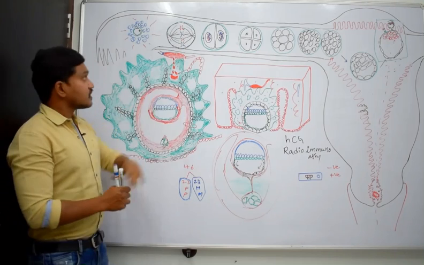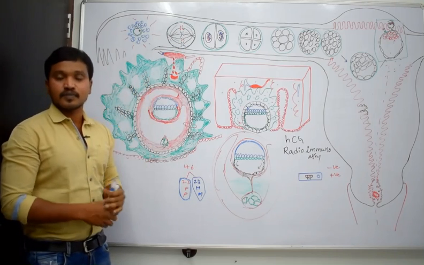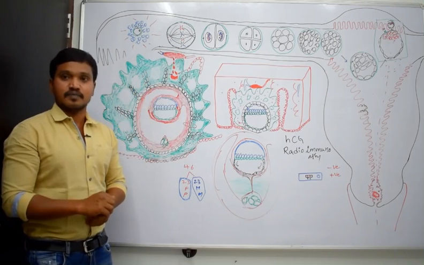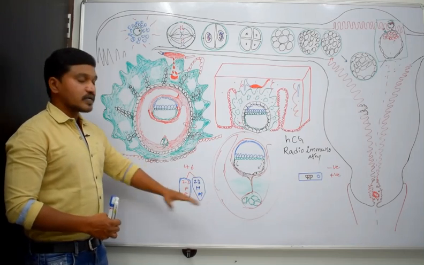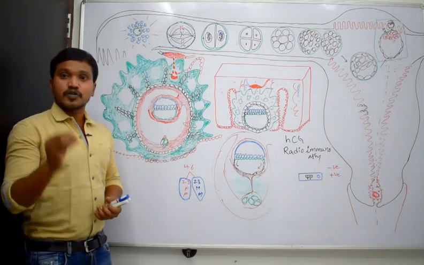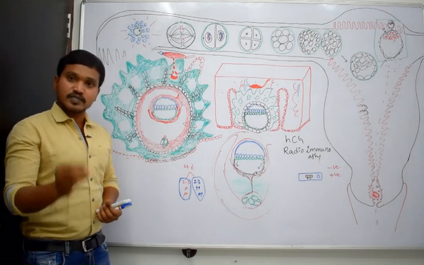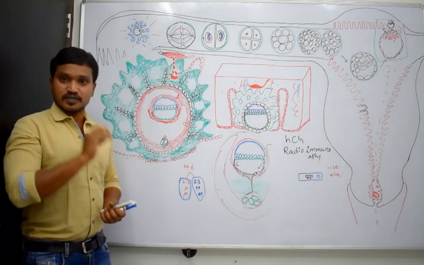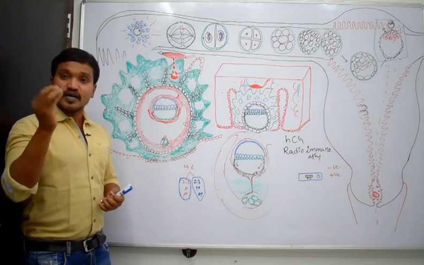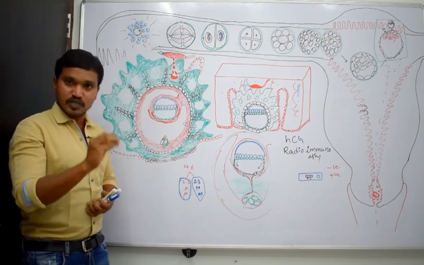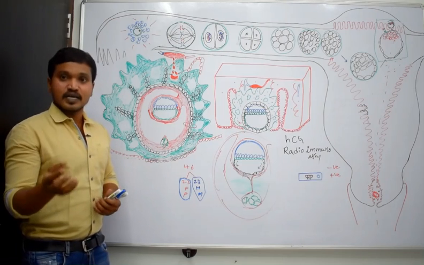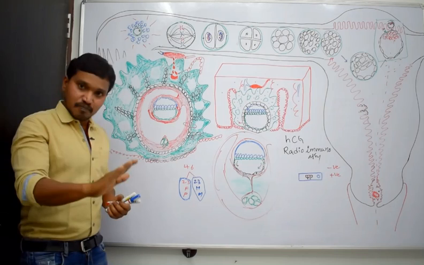But still the zygote is not rejected. How is it happening? Actually, there will be production of immunosuppressive cytokines and immunosuppressive proteins, right? So because of these immunosuppressive proteins and cytokines, the immunological reaction will be suppressed.